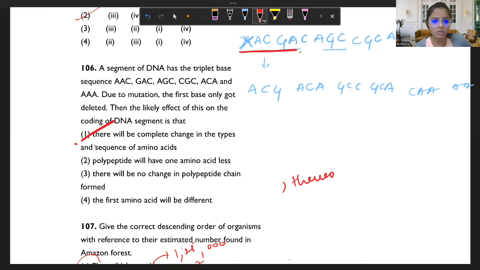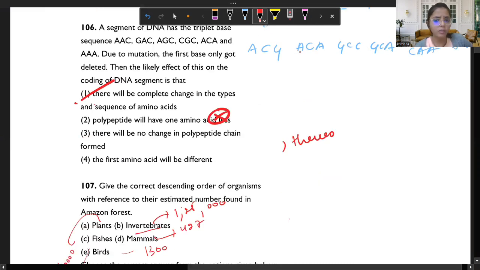Polypeptide will have one amino acid less. No, for one amino acid to be less, three base pairs should be deleted out of the codon. Deletion of one base pair will not lead to deletion of a complete amino acid. There will be no change in the polypeptide? No, there will be change. The sequence of amino acids in the protein formed will be changed.